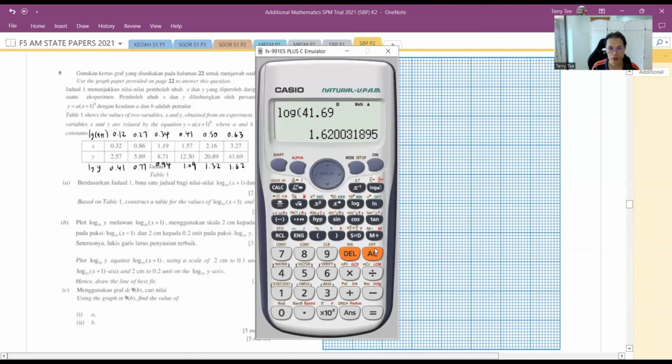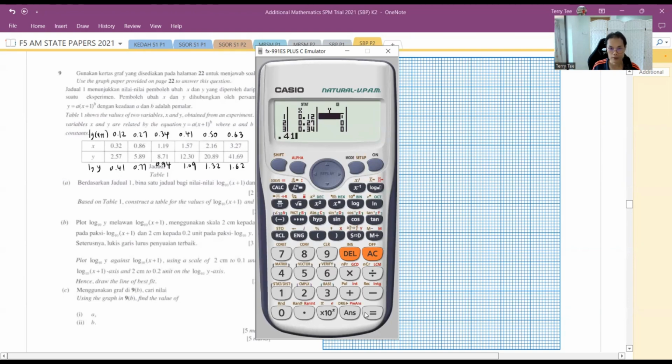Go to mode, 3 for stats, 2 for a plus bx, and key in your x values: 0.12, 0.27, 0.34, 0.41, 0.5, 0.63, and then move on to your y values.